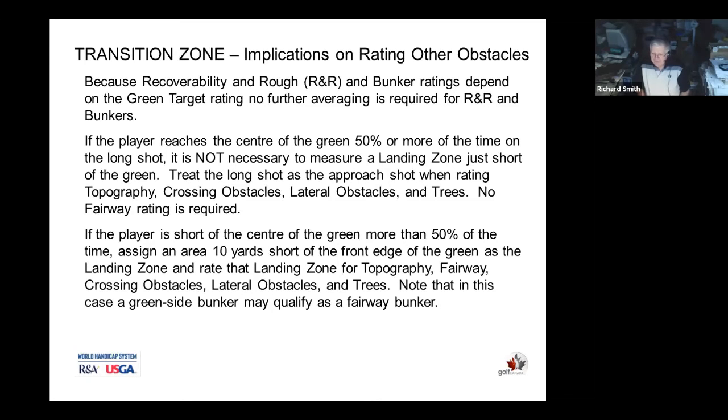Just note that if you are defining a landing zone just in front of the green, then it's quite possible that greenside bunkers might qualify as fairway bunkers for that particular shot, which would have an effect on your bunker rating.